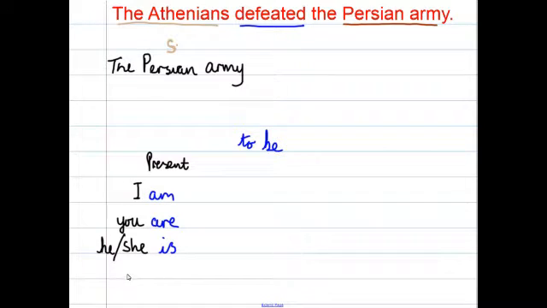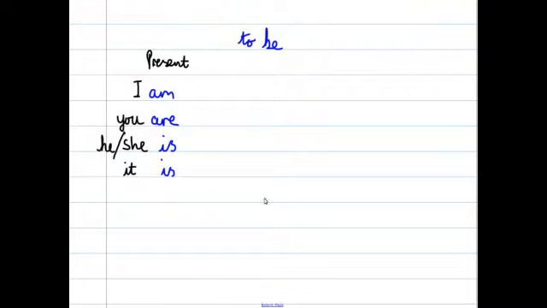If it was an inanimate object, you would say it is happy, like the robot. It is angry. So they're all singular people or things, when we're talking about one person, either it's me or you or he or she or it.